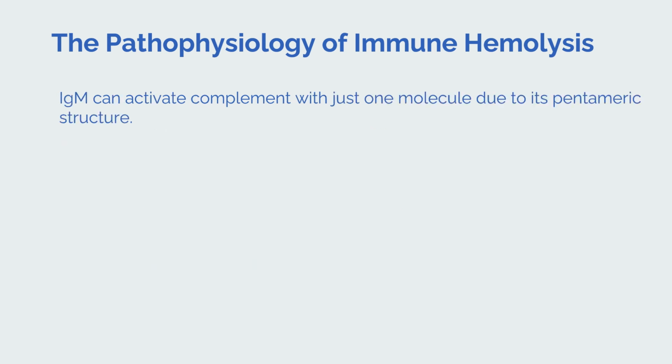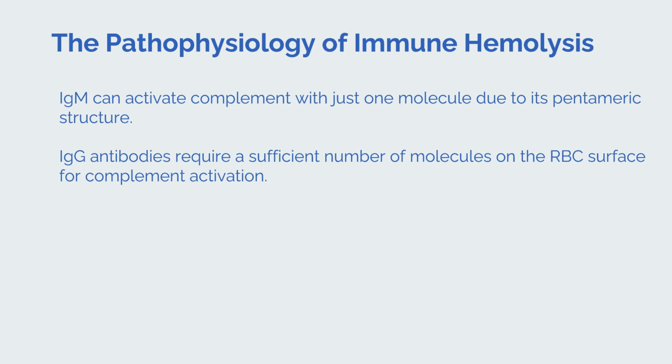IgM, with its pentameric structure and multiple Fc domains, can activate complement with just one molecule. On the other hand, IgG antibodies require a sufficient number of molecules on the RBC surface for complement activation. It's like a teamwork requirement for the complement pathway to kick into action.